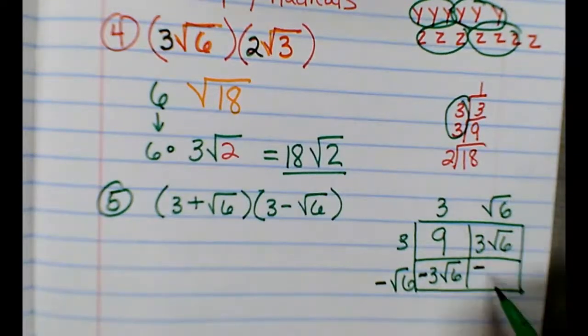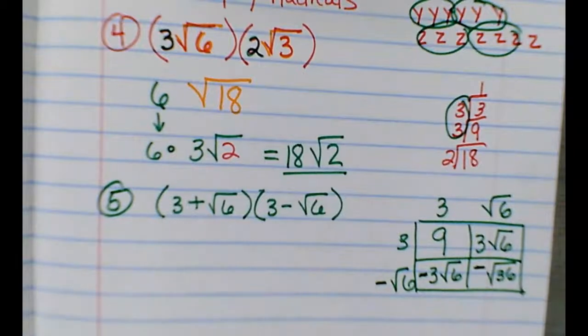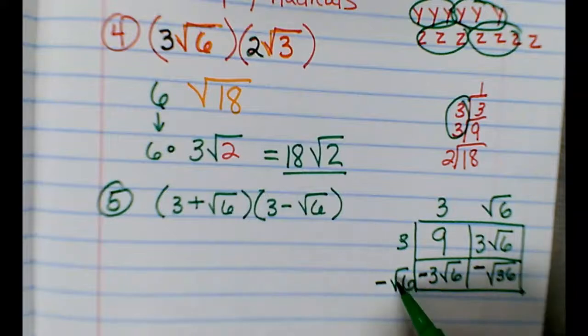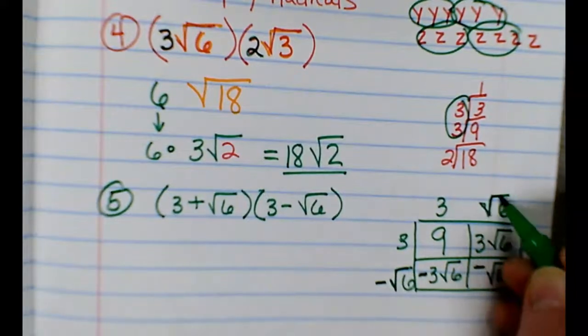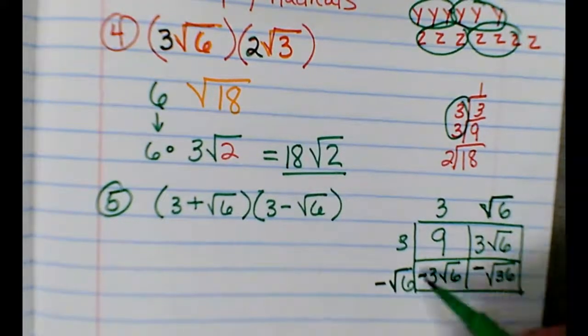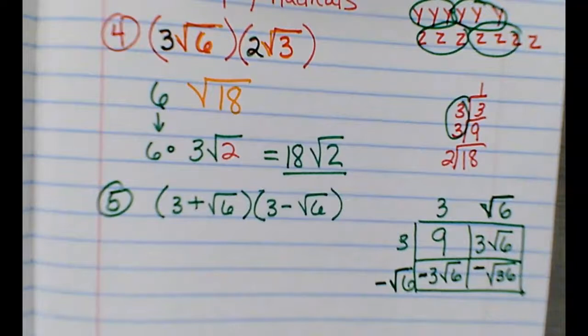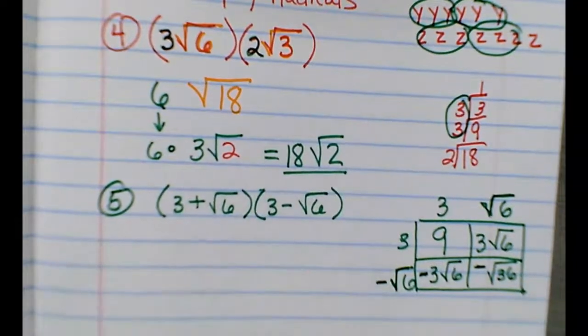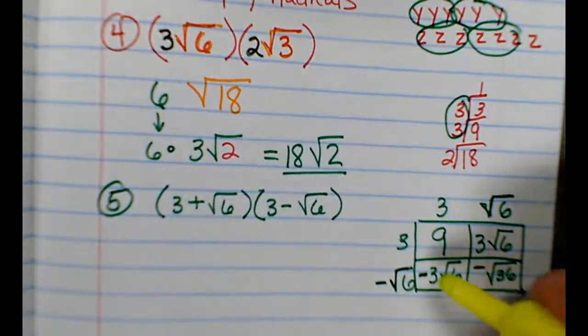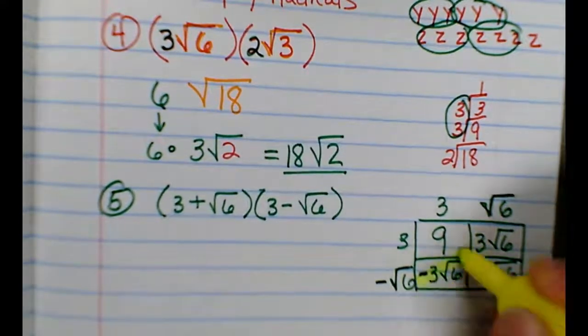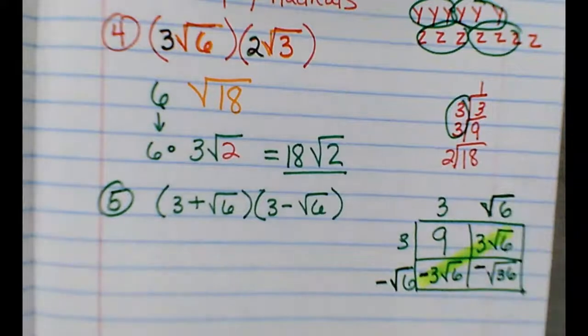Square root of 6 times the square root of 6 is the square root of 36. You see where I got this 36? If both of the numbers are under the radical, you multiply the under the radical numbers together. So, what's going to happen to these terms right here where I have one positive and one negative?